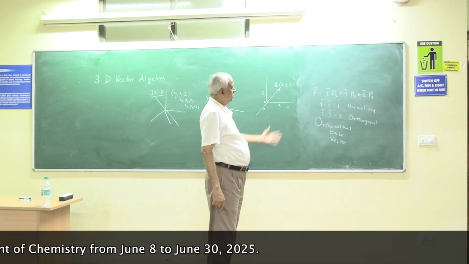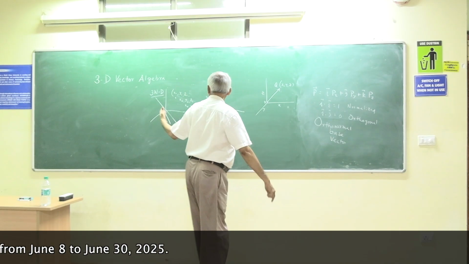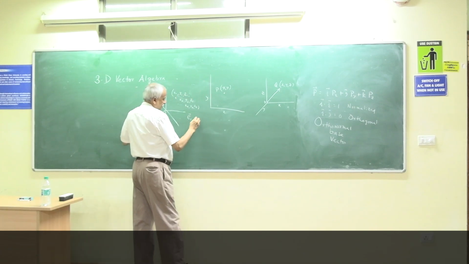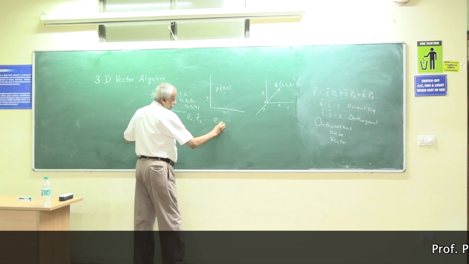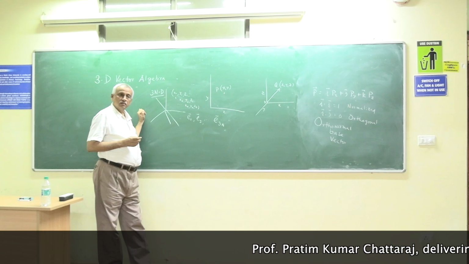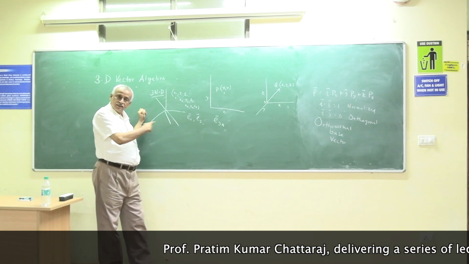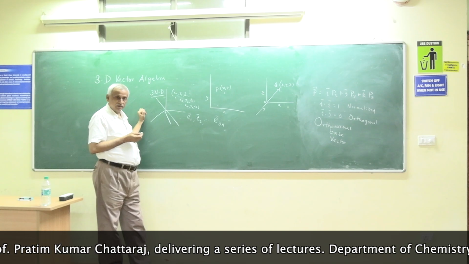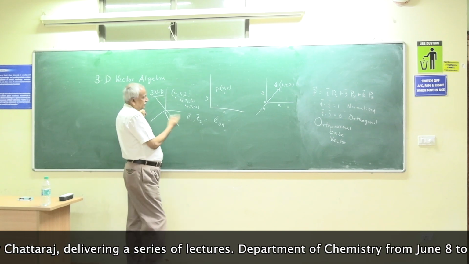So you could extend this. Let's say I call them E1, E2 up to E3n. They are the base vectors in that 3n-dimensional vector space. Then I can write any vector.